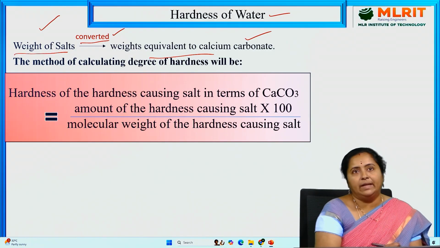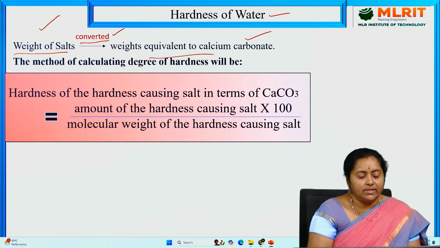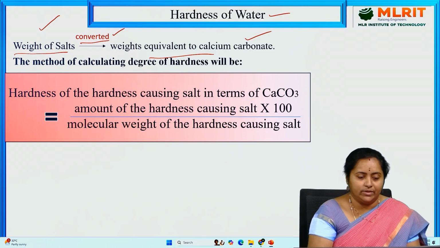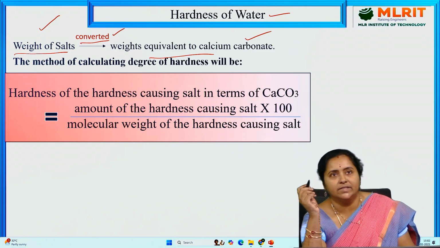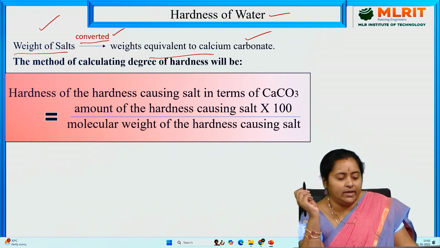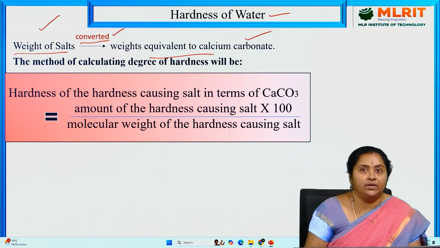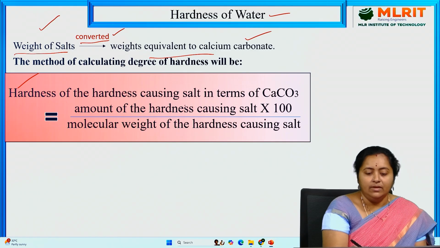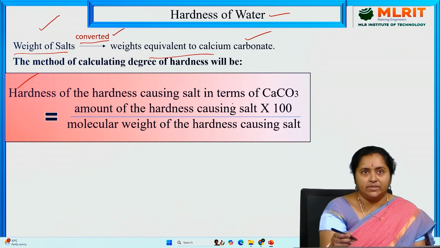So this is the logic behind expressing the hardness of the water sample. How can it be converted? Say for example, calcium chloride is present in dissolved state in water, and I want to convert that calcium chloride weight in terms of CaCO3 equivalent hardness. What is the formula that we are going to use? See the formula: hardness of hardness causing salt in terms of CaCO3.